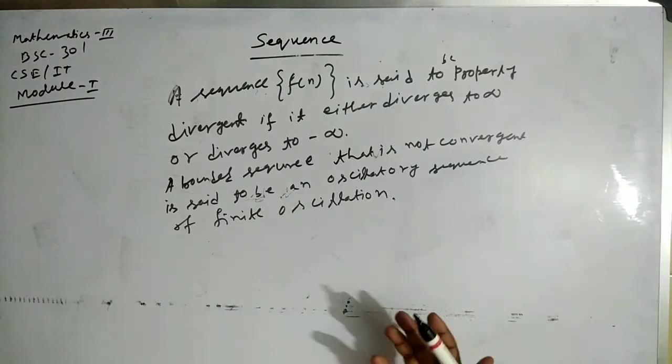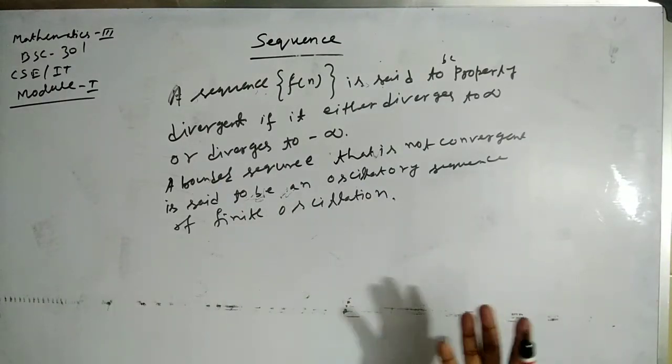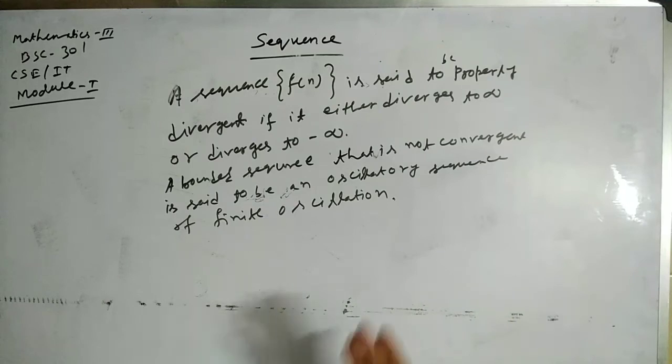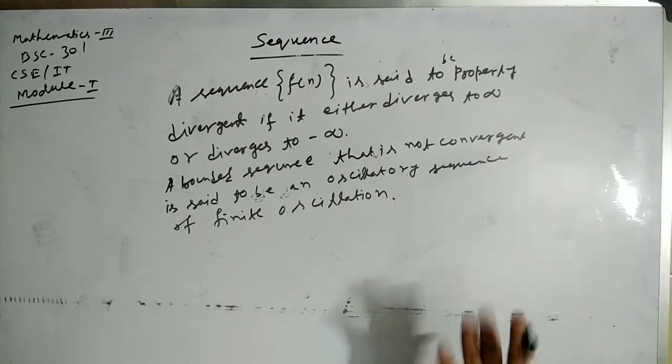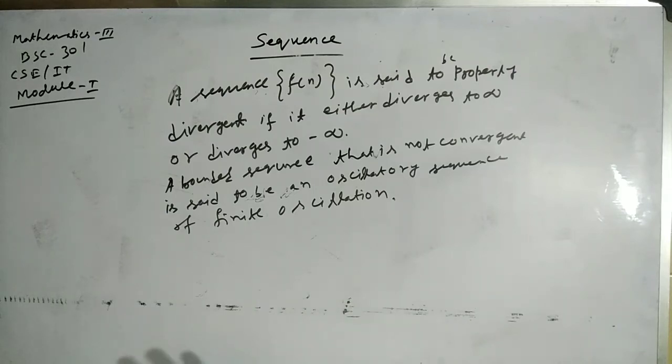So those types of sequences which are bounded but not convergent, I gave you an example. Those types of sequences are called oscillatory sequences of finite oscillation.